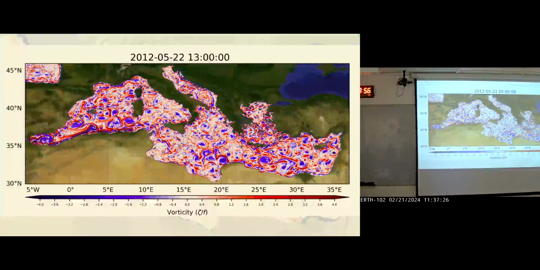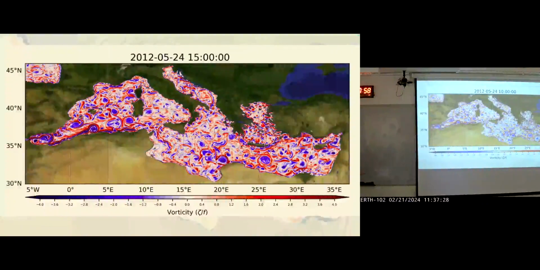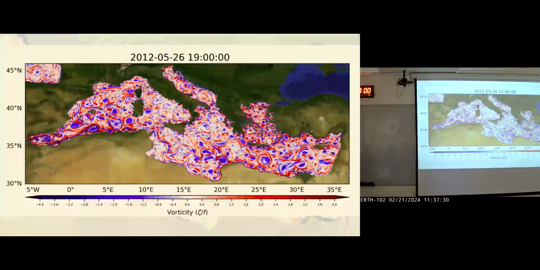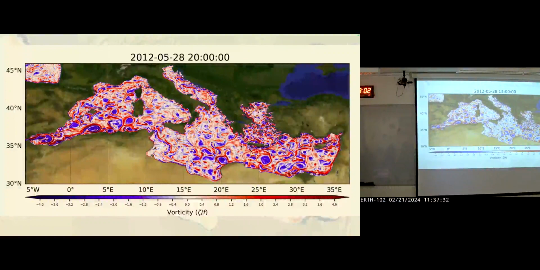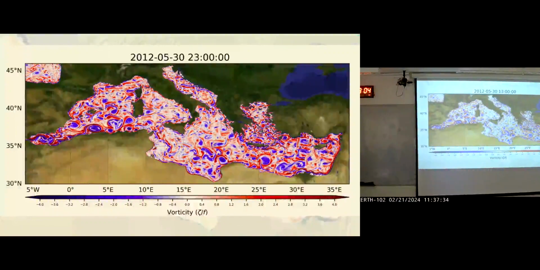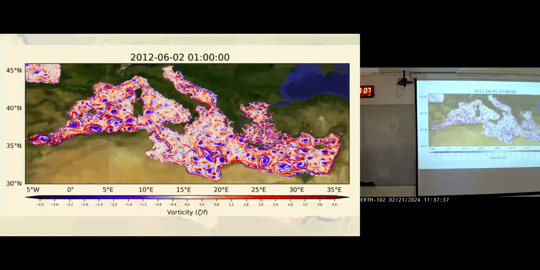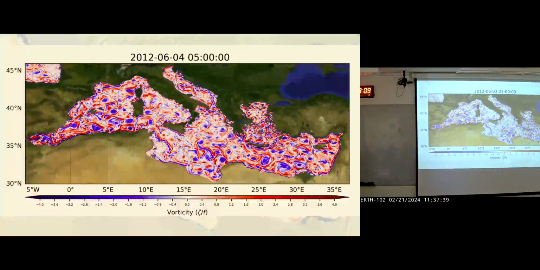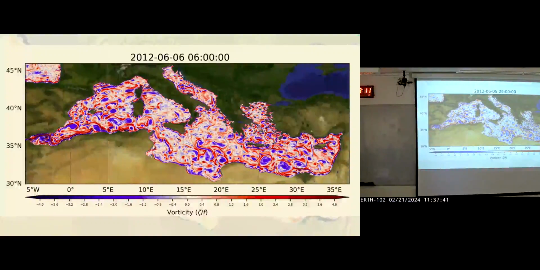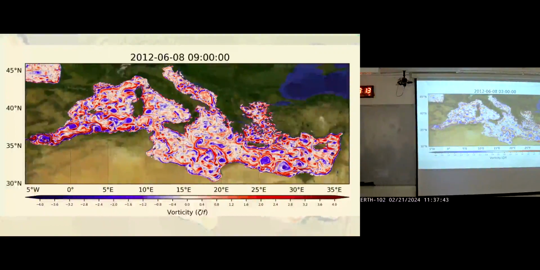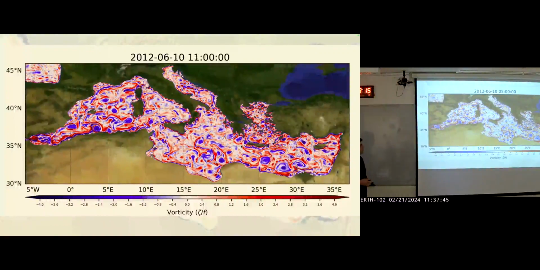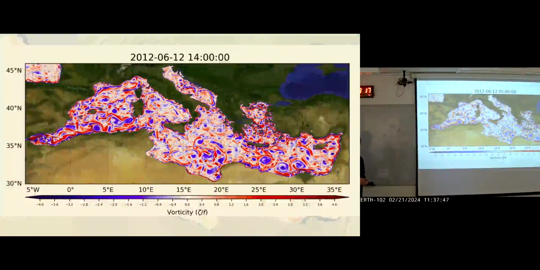So the eddies here are smaller in size, they are less intense than what we see in the large-scale ocean, but still we can see eddy activity everywhere, and many people live around the Mediterranean, so even small effects by these eddies may have large implications.